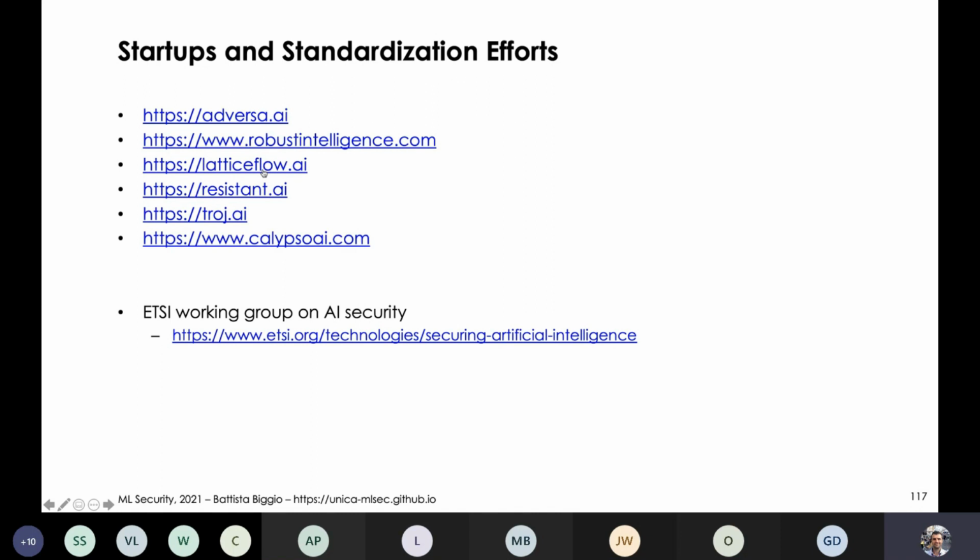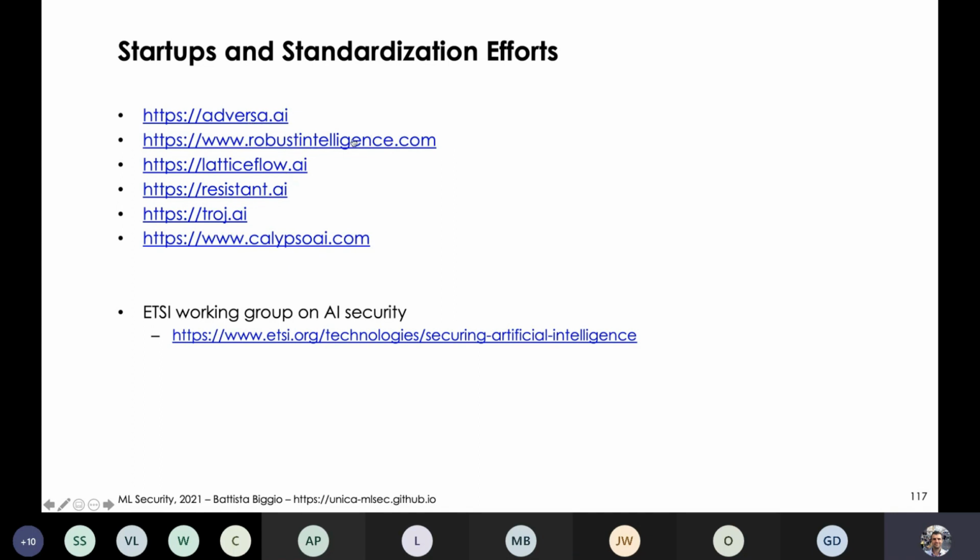What they are testing is whether the model is robust to rotations, illumination changes, or more realistic transformations and more realistic kinds of noise that you can have in practice, not just Lp norms.